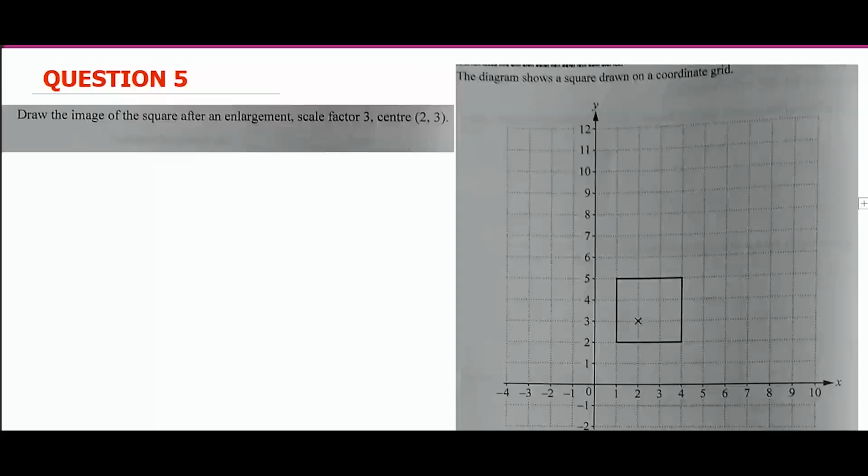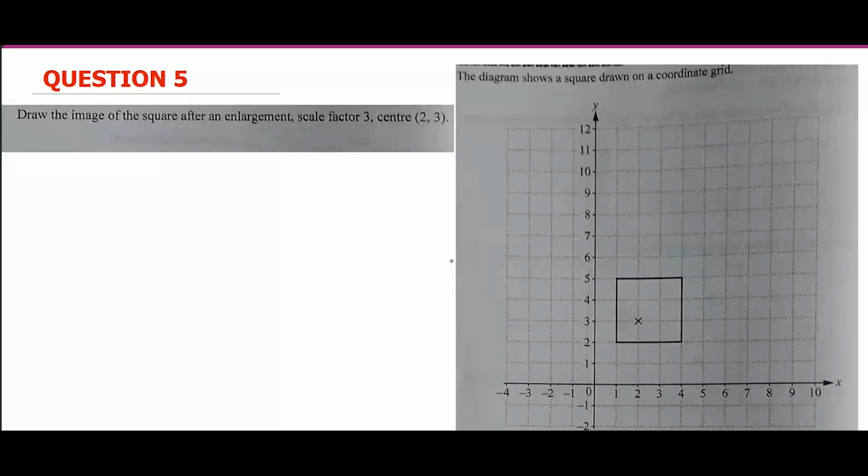Let's go to the next question, which is question number 5. Here the diagram shows a square drawn on a coordinate grid. You are asked to draw the image of the square after an enlargement scale factor 3, center (2, 3).